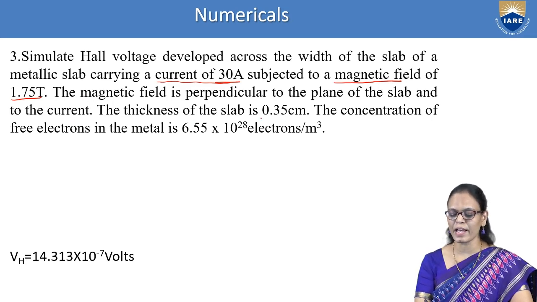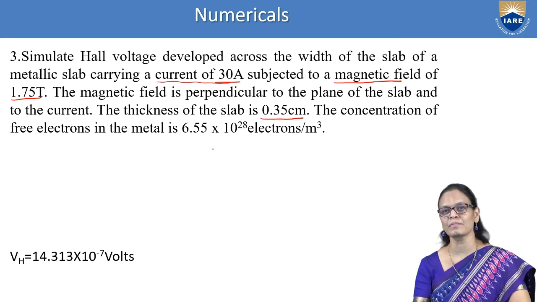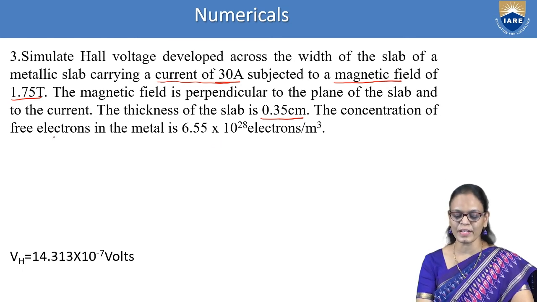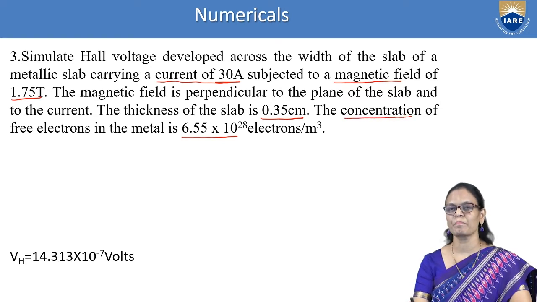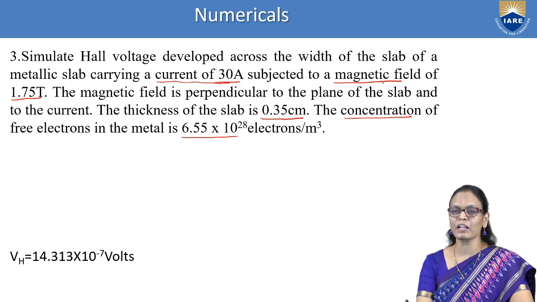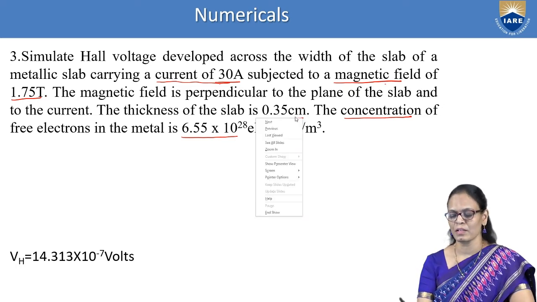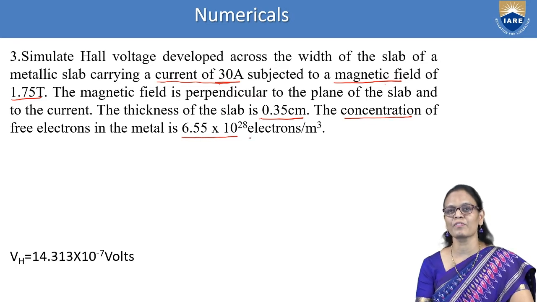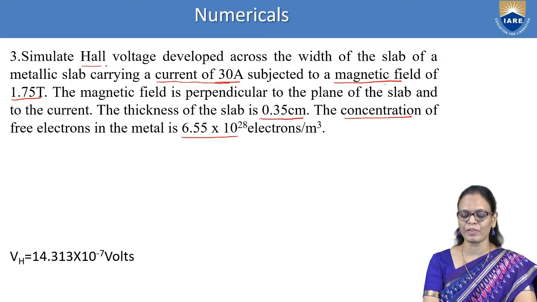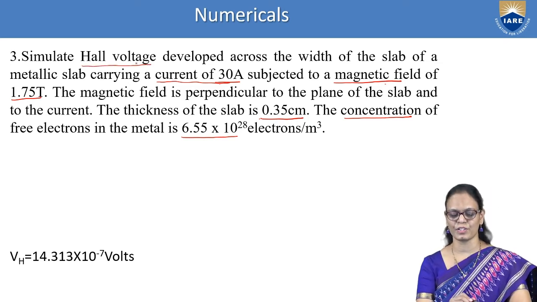The thickness of the slab is 0.35 centimeter and the concentration of free electrons is 6.55 into 10 power 28. So we are given the current 30 ampere, magnetic field 1.75 Tesla, thickness of the slab 0.35 centimeters, the concentration 6.55 into 10 power 28 electrons per meter cube. What we have to find is the Hall voltage.